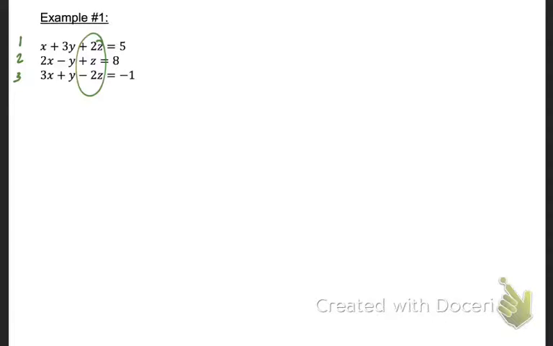So automatically, without having to multiply anything, I can take 1 and 3. So remember, the point is to stay really organized. I can take 1 and 3. It doesn't look very pretty. 1 and 3, I'm going to go ahead and write them out. X plus 3y plus 2z equals 5.